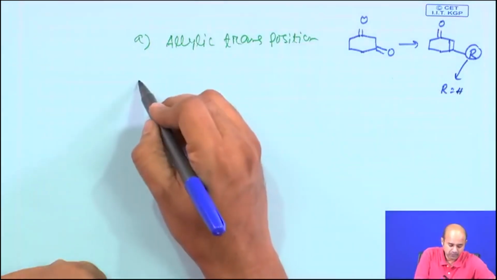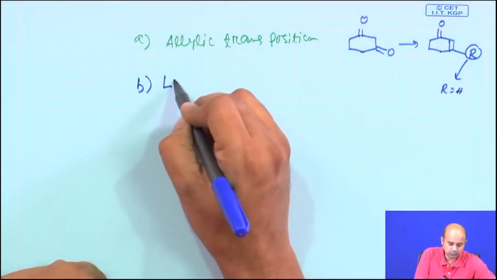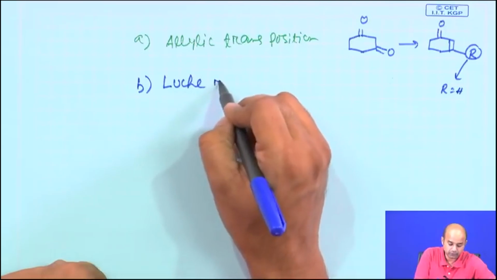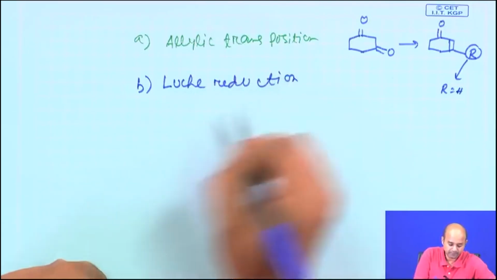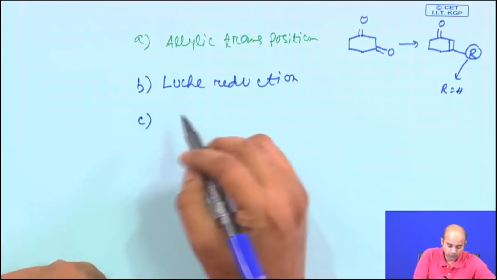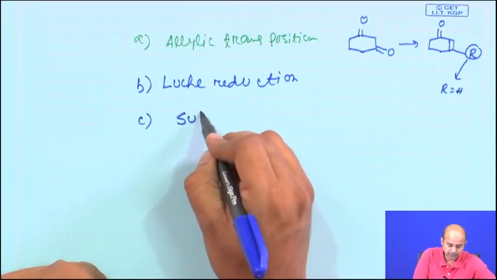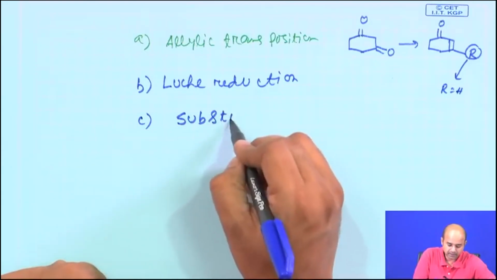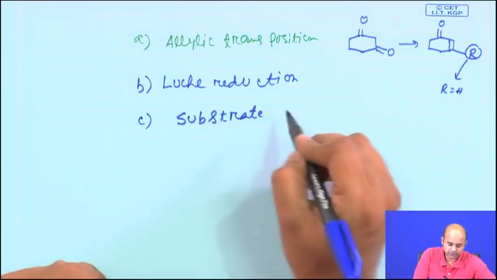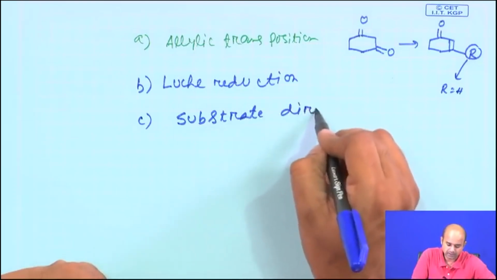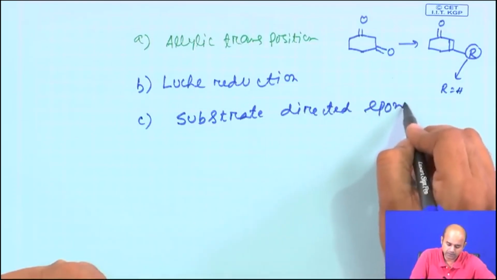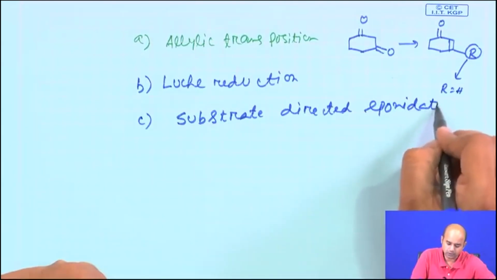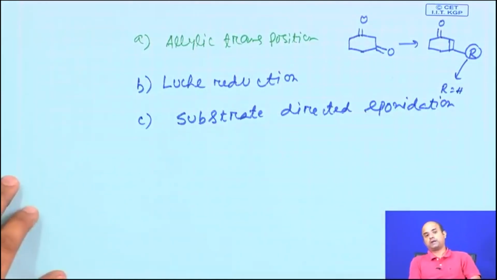Then we do a Luche reduction, which is a very useful transformation, and then we do a substrate directed epoxidation, and this particular reaction we will discuss when we talk about stereochemical strategies.